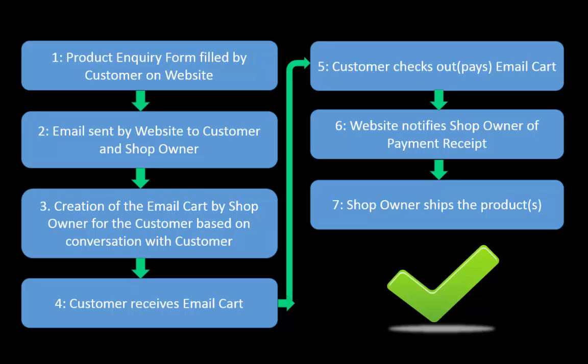So we have PayPal and other payment methods like direct bank transfers and others that WooCommerce typically supports. And in the final step, the shop owner ships the products. And once that is done, we can consider the transaction completed.